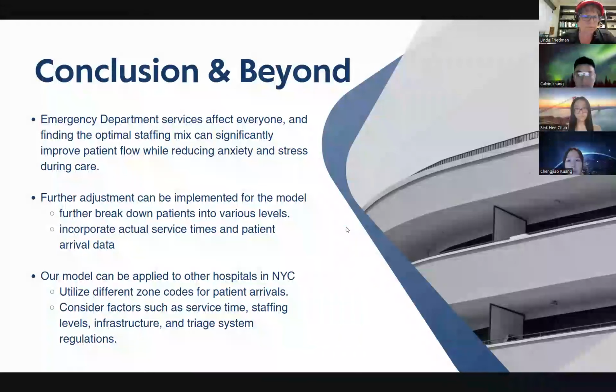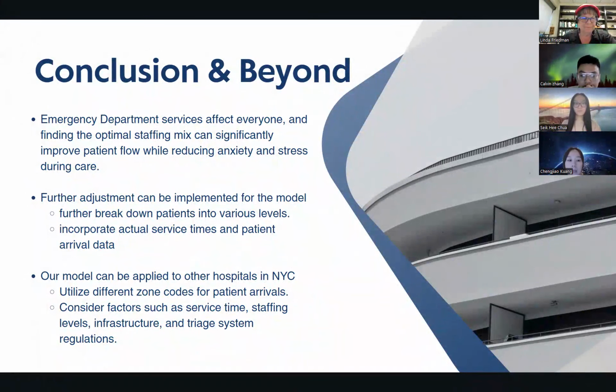Instead of just 1 to 2 and 3 to 8, we can further divide the patients into 3 or 4 categories. We can also incorporate actual service times and patient arrival data, because we do not have the inside data of the hospital. So if hospital staff want to use our model, they can incorporate the actual service time and actual patient arrival to get a more accurate simulation model and output.